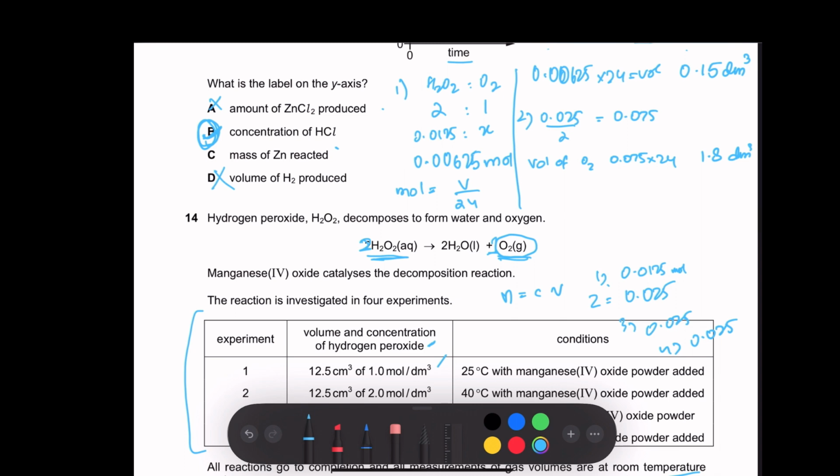Then in experiment 3, the moles were the same, so everything will be the same, 1.8 dm cube of oxygen. Even in experiment 4, 1.8 dm cube of oxygen.